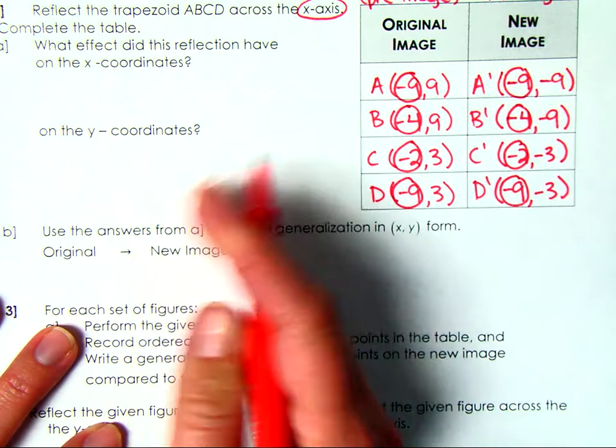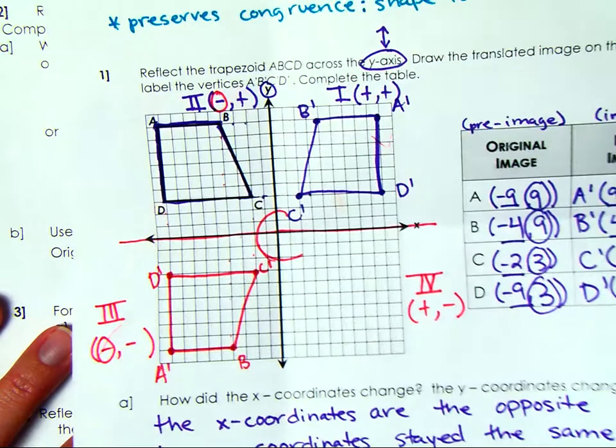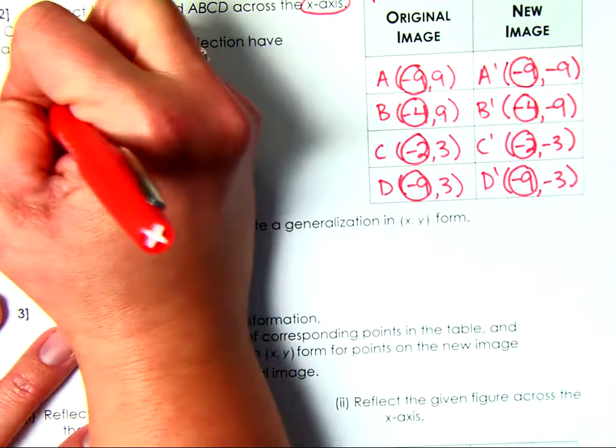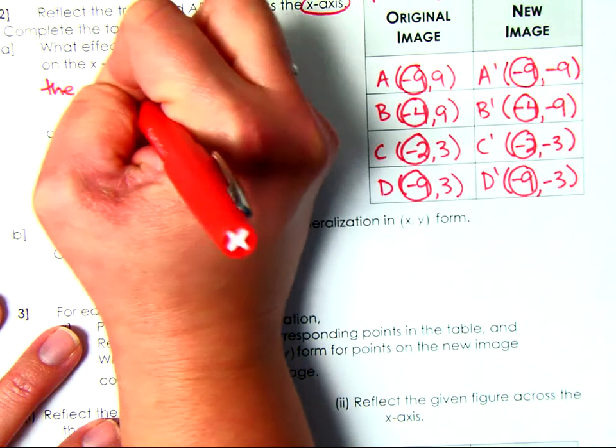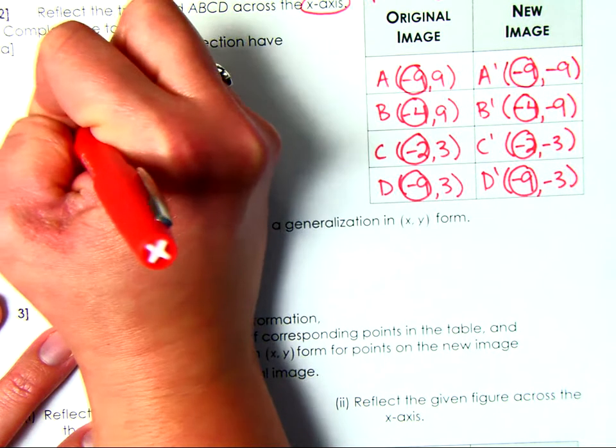So again, that makes sense because we were the same distance. When you look at that right there, we're the same distance from the left of the origin. So we're going to say the x-coordinates stayed the same.